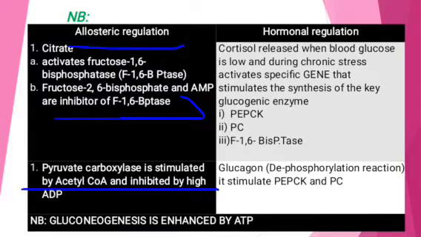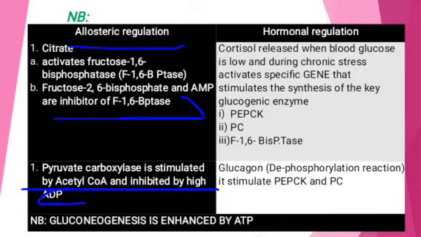And it is inhibited when there is high ADP. High ADP simply tells you there is low energy, low ATP. So the enzyme pyruvate carboxylase is inhibited so as to produce more pyruvate, which will be converted to acetyl-CoA, which finally enters the TCA cycle to produce reducing equivalents that are funneled to the electron transport chain to produce energy.